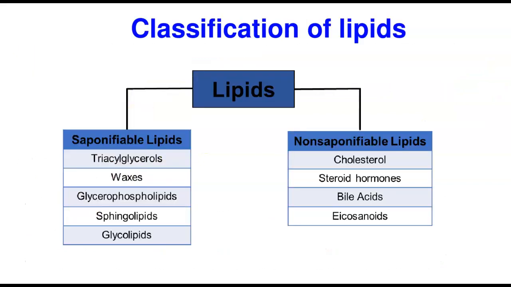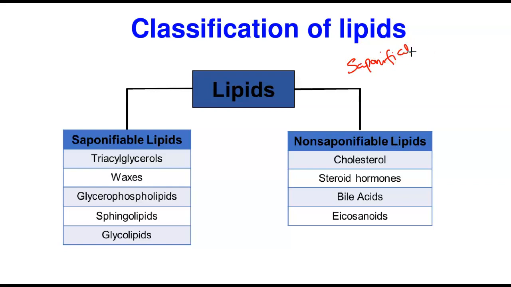Now, if we want to classify them according to whether they can be broken down, saponifiability has to do with the ability of a lipid to be broken down into constituent parts, into other smaller molecules.